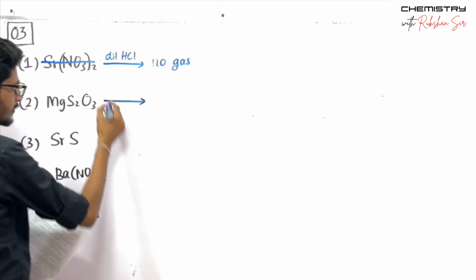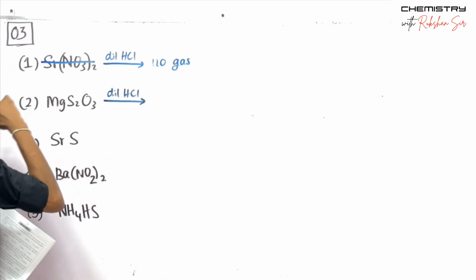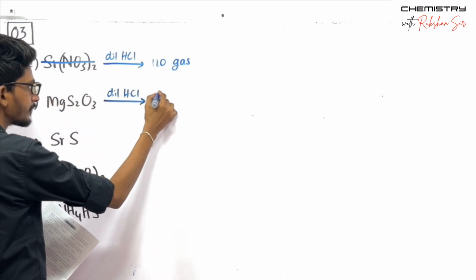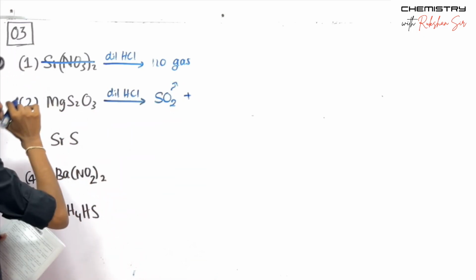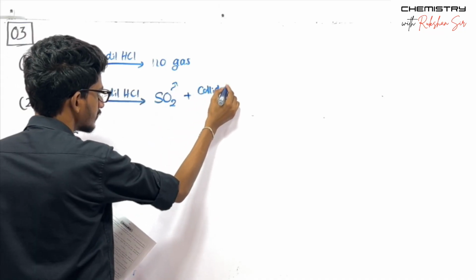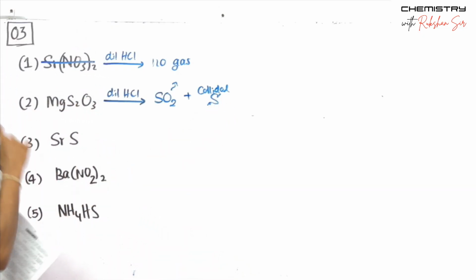With dil. HCl, thiosulfate will release SO2 gas with colloidal sulfur, so we have to leave that.